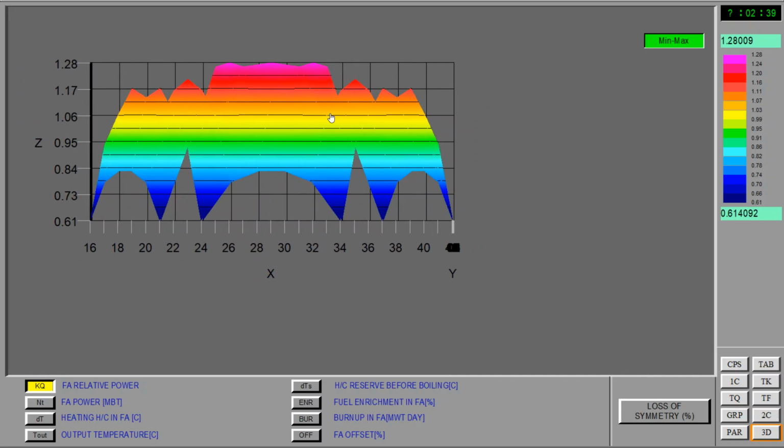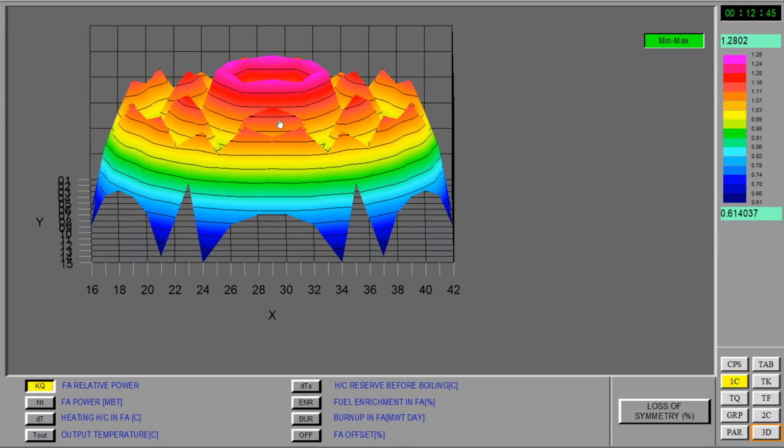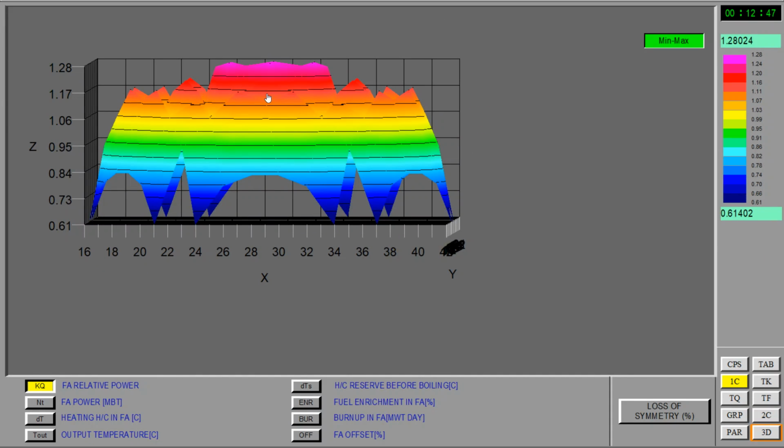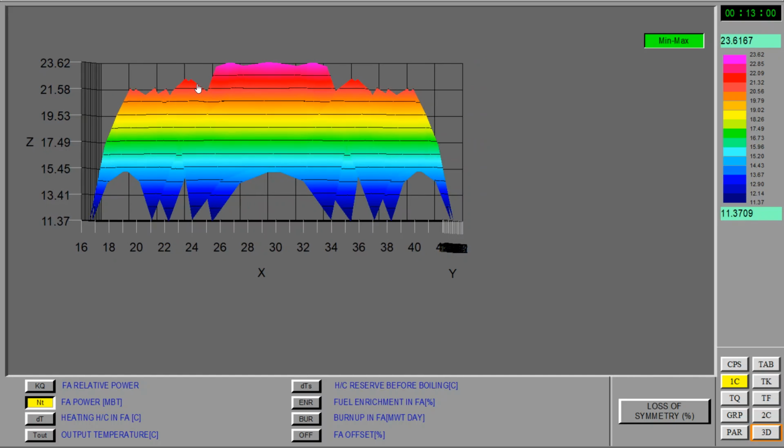So maybe we should write down some values. I will do it now. In the central area, which is the one involving the fuel elements of group 6, I will just write down the absolute, not the relative, power: 23.62.